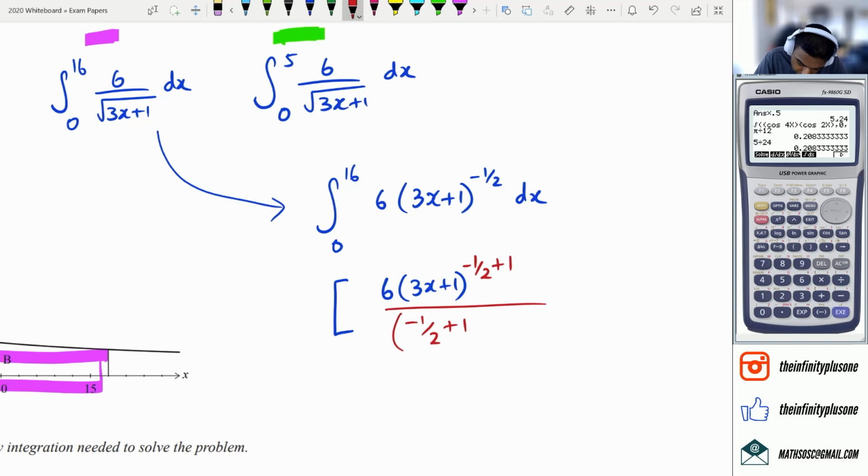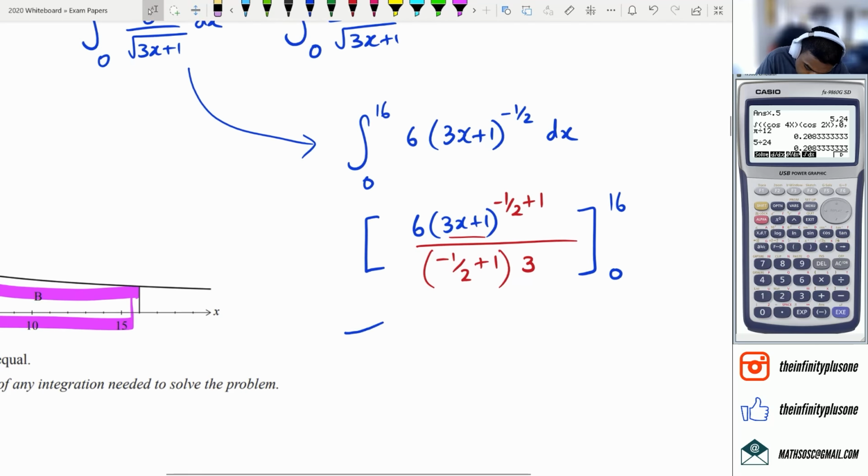Also, we've got to keep in mind that we've got to divide by the differentiation of the bracket here, which ends up being 3. And all of this is between 16 and 0.